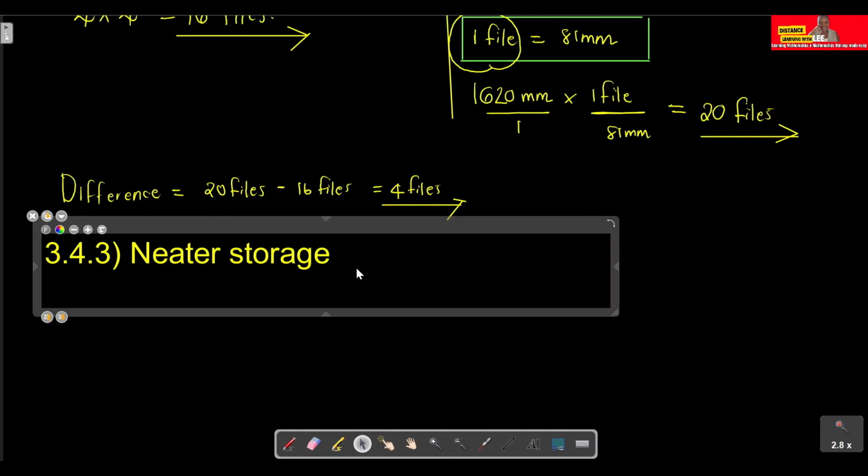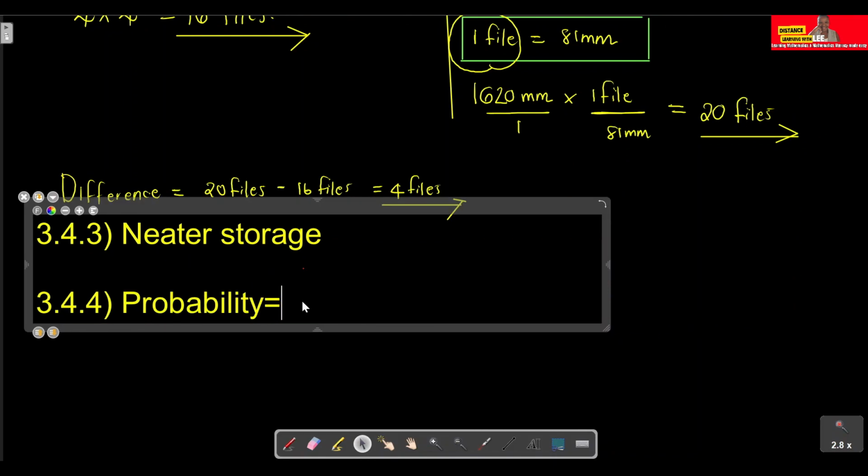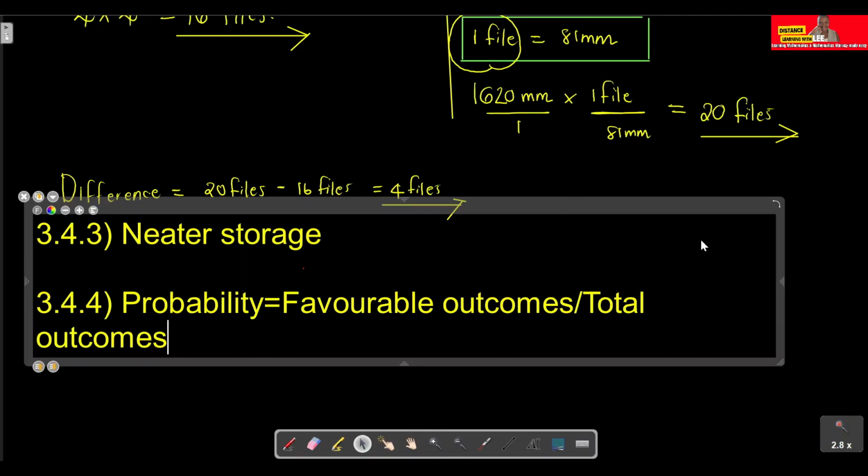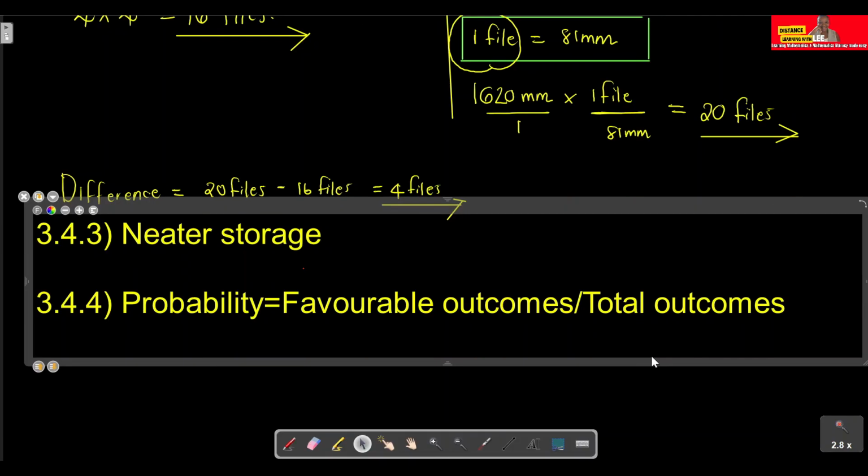So question 3.4.4 is equal to probability. Probability is equal to your favorable outcomes divided by total outcomes. We already know that for the favorable outcomes, she just wants to take out one file. That is one divided by the total outcome.